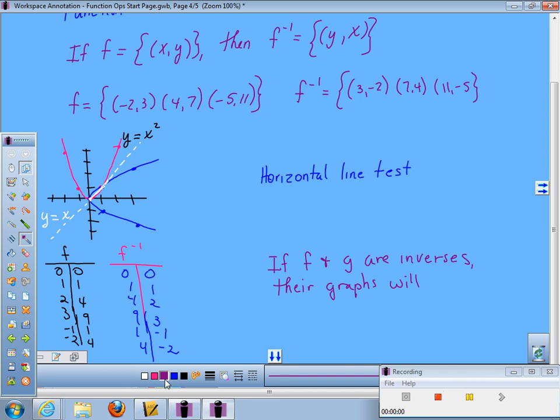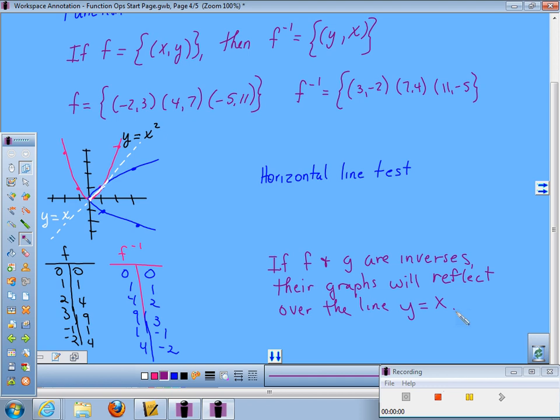So this statement down here, if f and g are inverses, their graph will what? Well, their graph will reflect over the line y equals x. Always. Every inverse and its original function always reflect over that line.